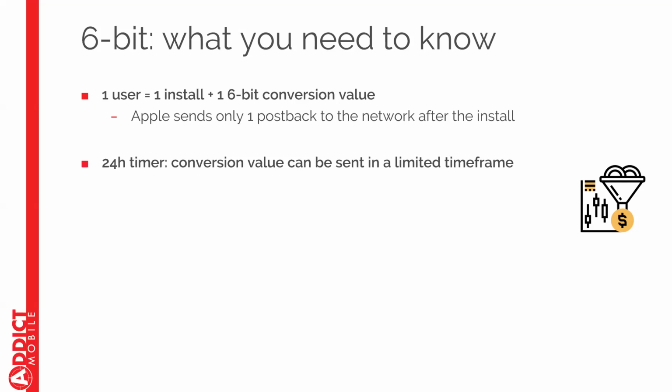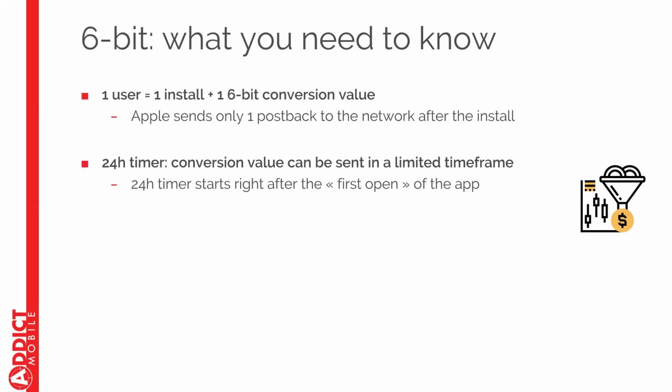Also, we'll have that 24-hour timer you may have heard of. The conversion value can be sent only in a limited time frame. So I'll explain this. First of all, the 24-hour timer starts right after the first open of the app.